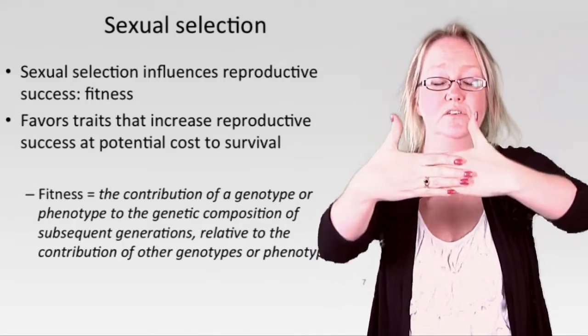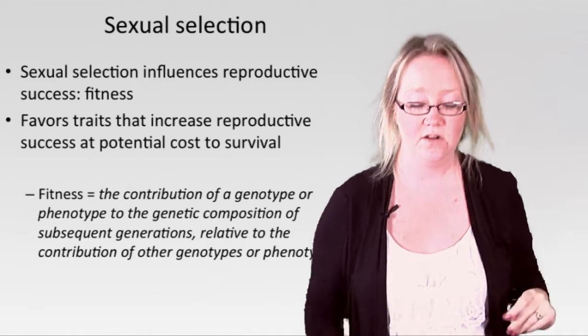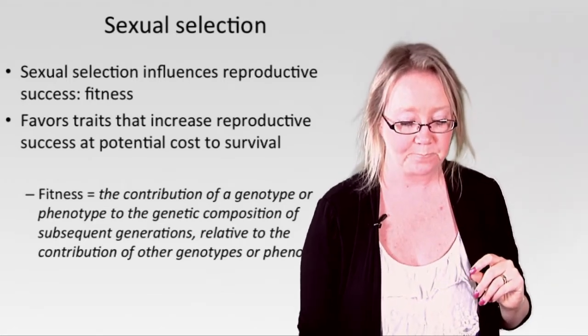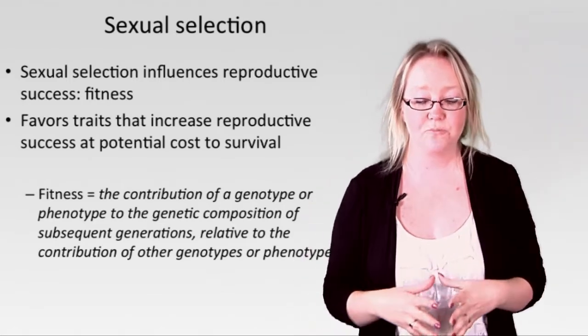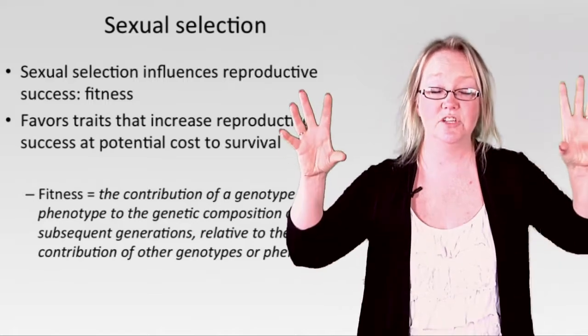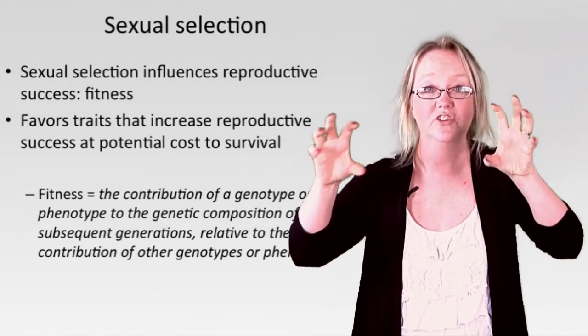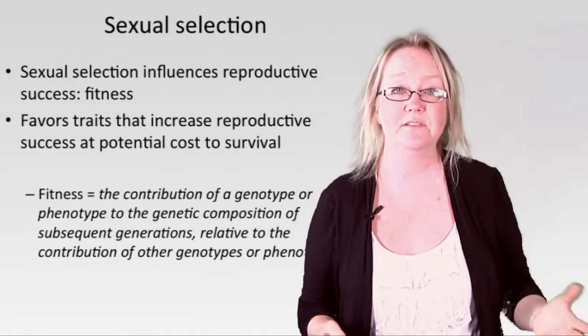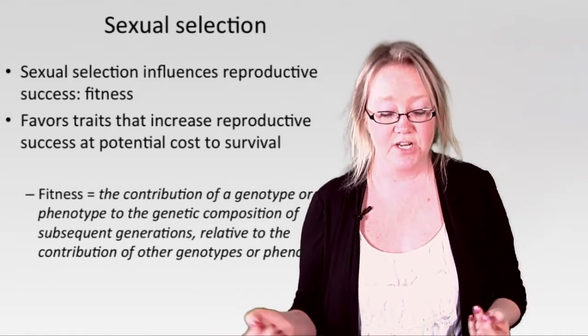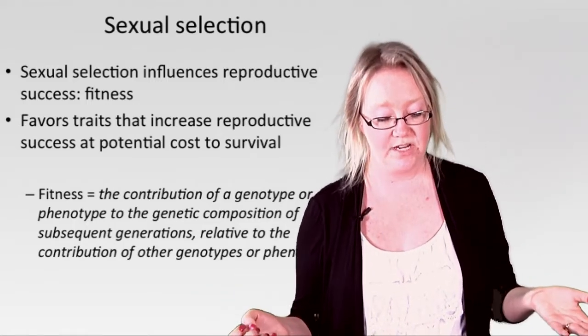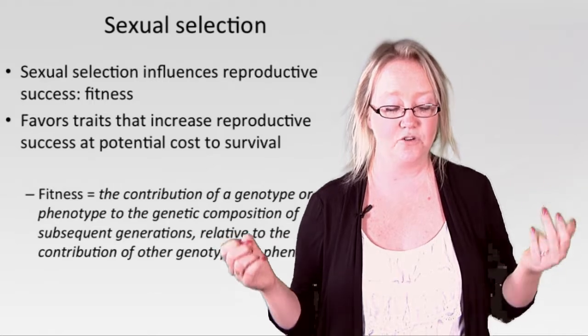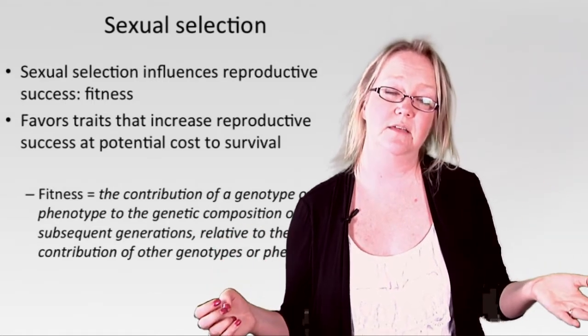And so we'll look at how these two things work together. So fitness: the contribution of a genotype, our two alleles, what our genes actually say, or phenotype, what is expressed, to the genetic composition of subsequent generations relative to the contribution of other genotypes or phenotypes.